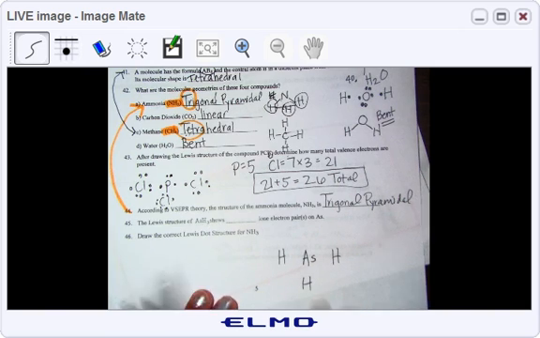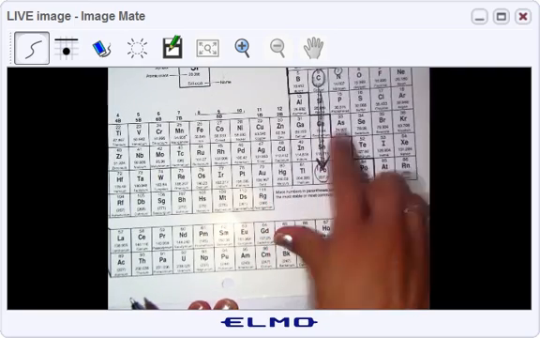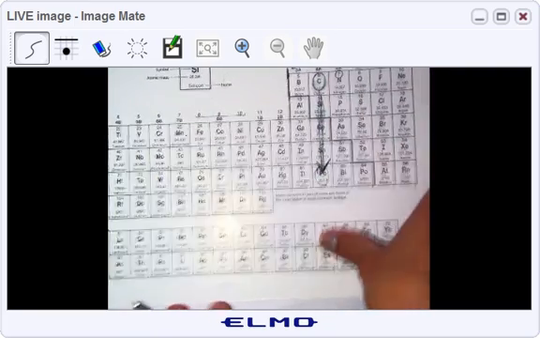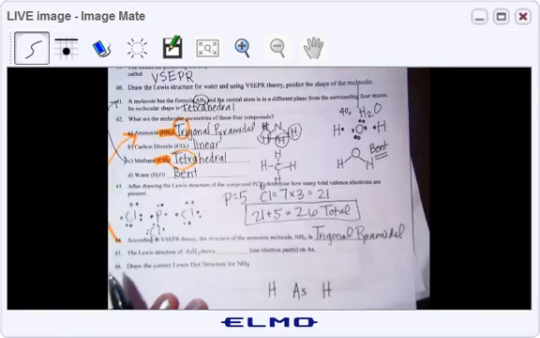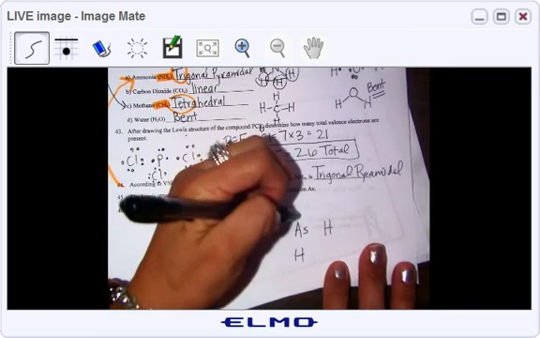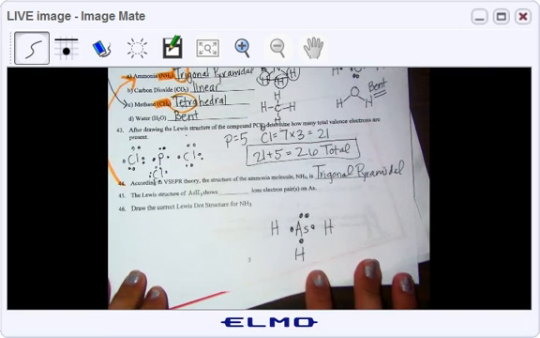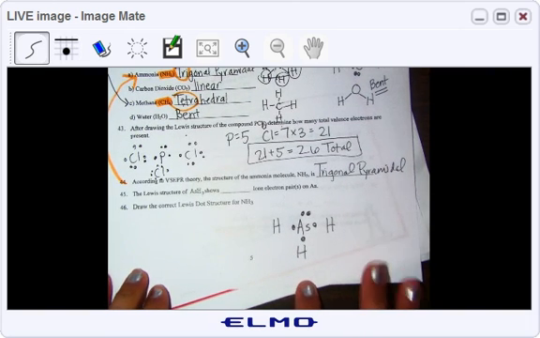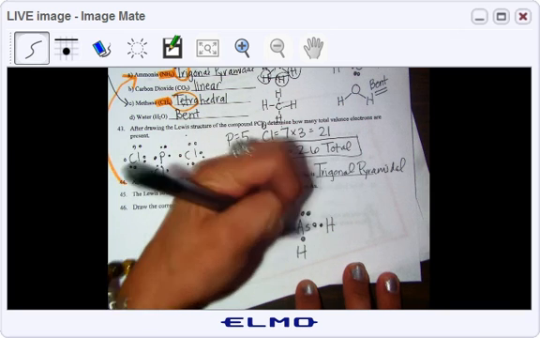Okay, so the valence for As, arsenic, which is right here, atomic number 33, 5. Oh, it's way at the top. So there should be 5 dots around arsenic. What's the valence for hydrogen? 1. So they each give 1.